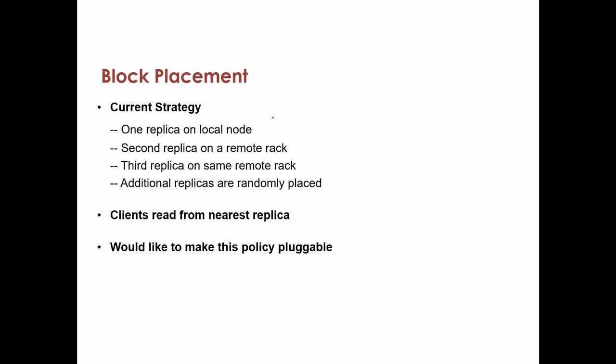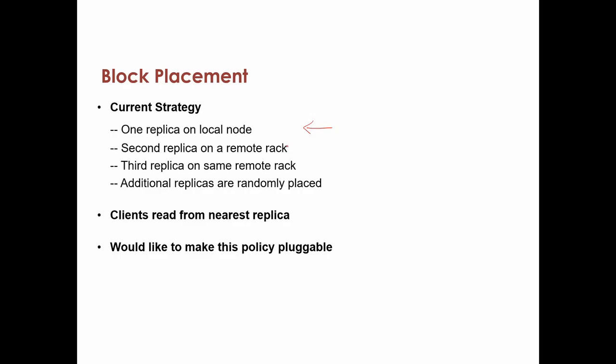This is something that I discussed in the last slide. Typically the replication factor of HDFS is set to 3. The first replica is placed on the local node. Typically it is the reducer which writes to the HDFS.